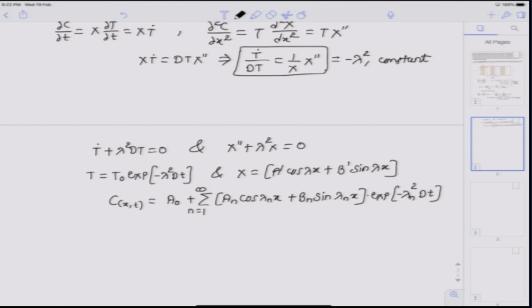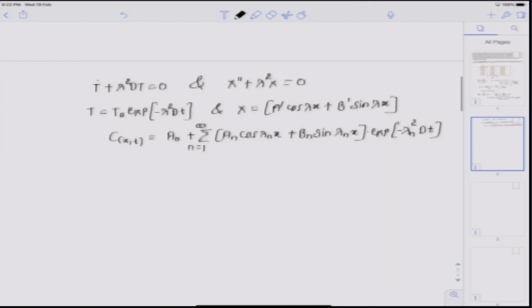A 0 is the value of A n at lambda n equal to 0. Now, we need to find out these constants. So, we use our initial and boundary conditions for this.